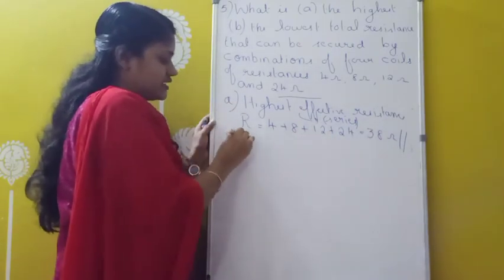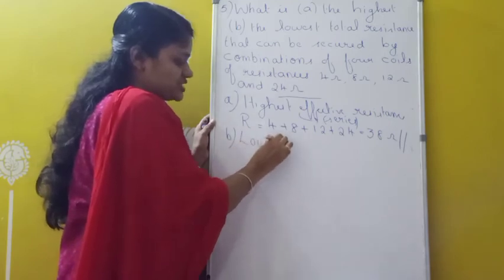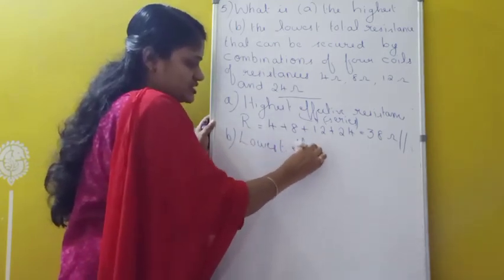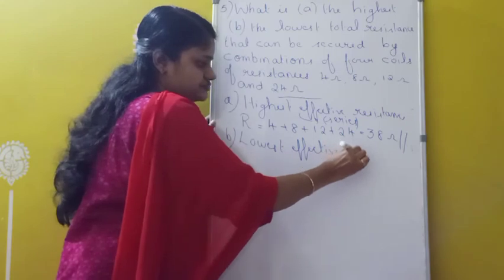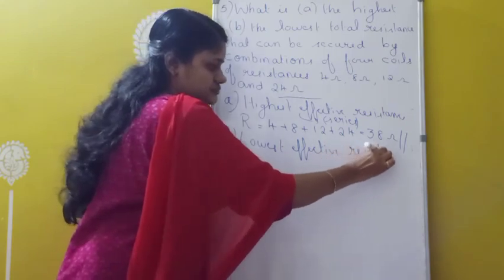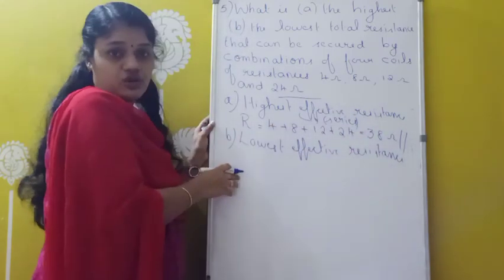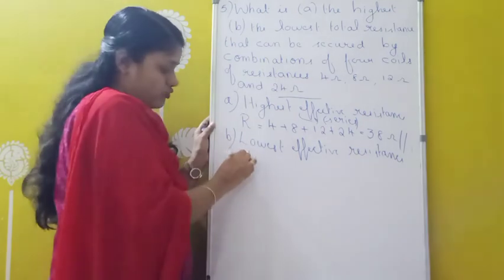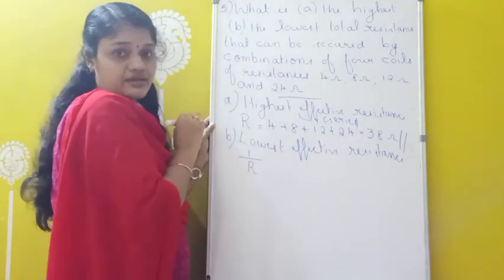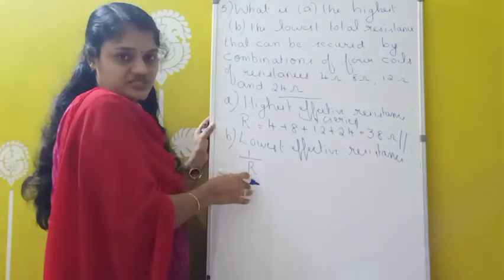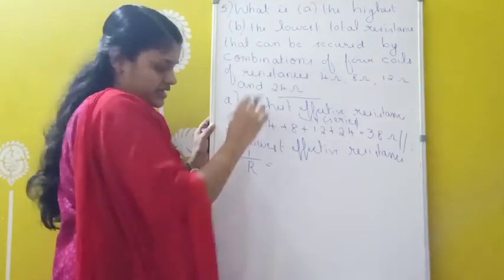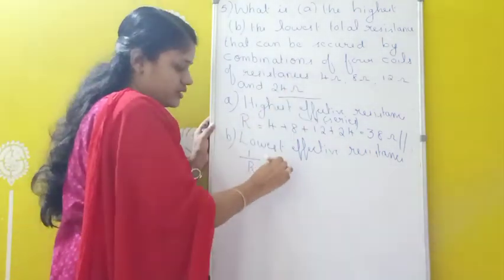Similarly, second one they are asking the lowest value of effective resistance. That means at that time how will you find this effective resistance? 1 by R. So 1 divided by effective resistance, because they are in parallel. Okay. So 1 by R equals 1 by R1.